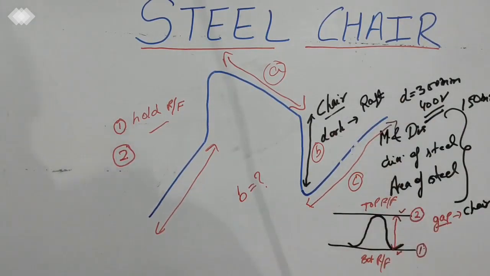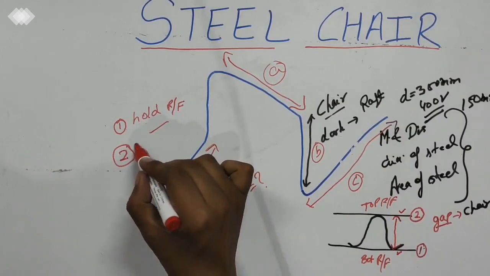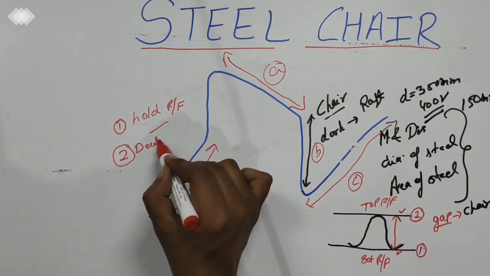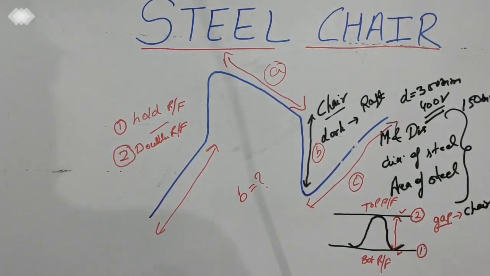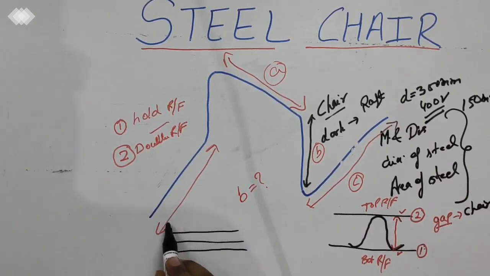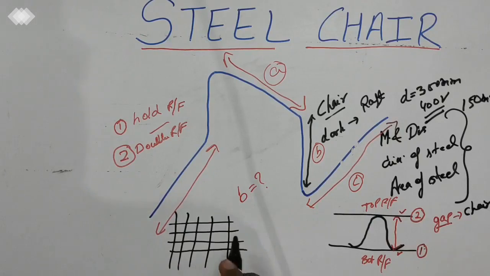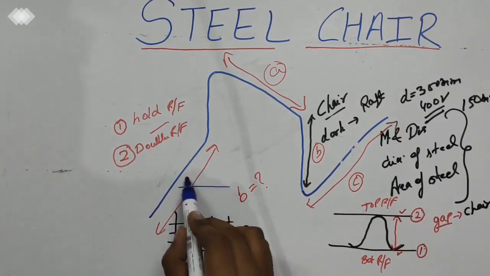And steel chair, second use, where there is a double reinforcement. For example, these are the main and distribution bars at the bottom, and at the top we are also providing some reinforcement here like this.